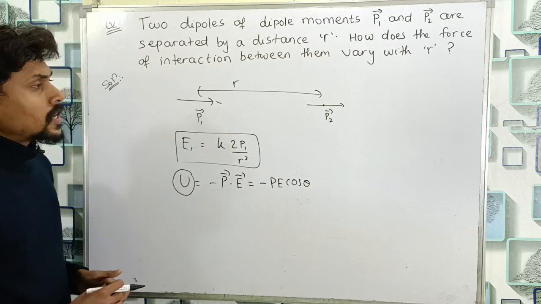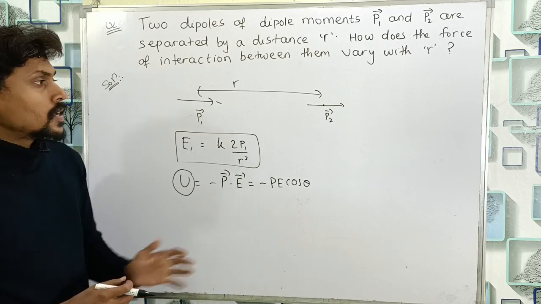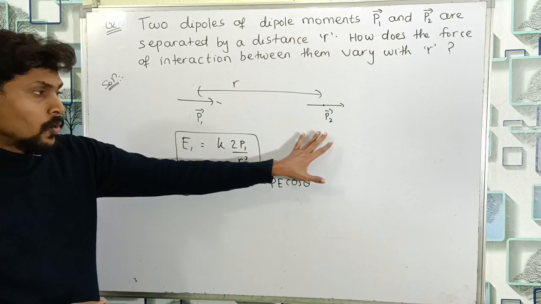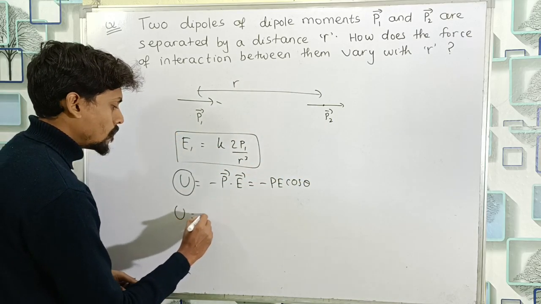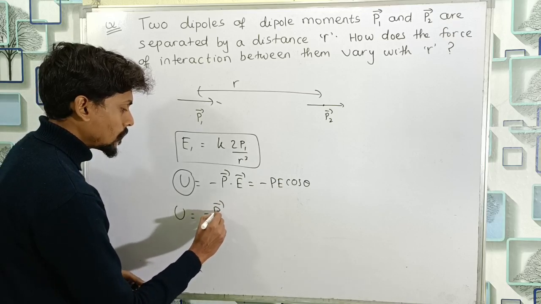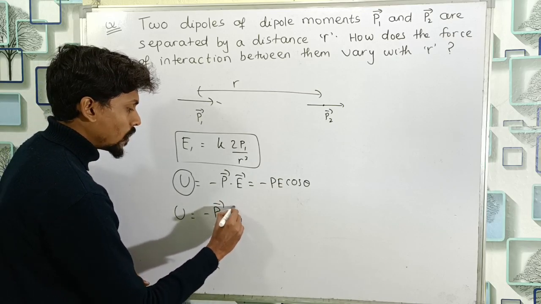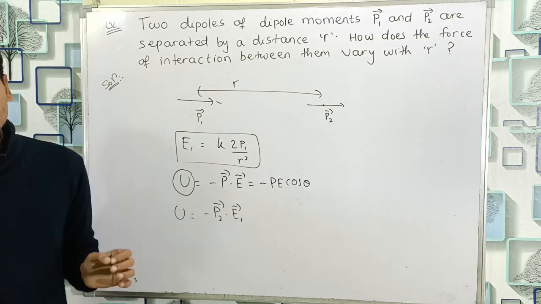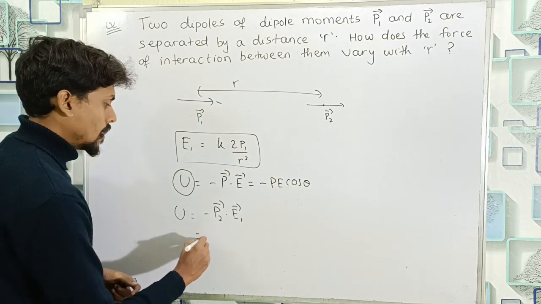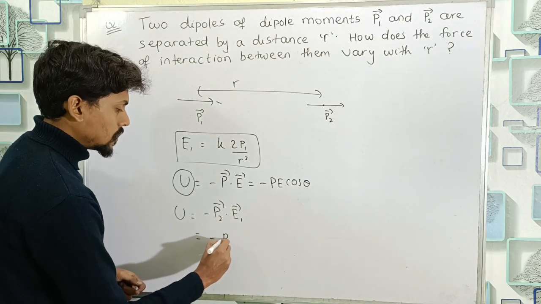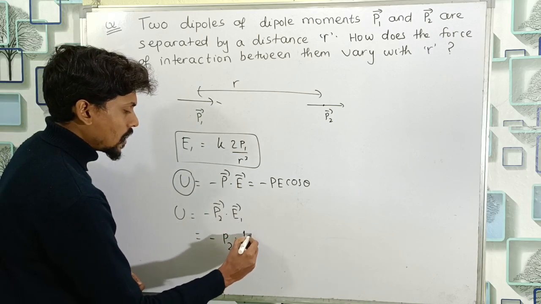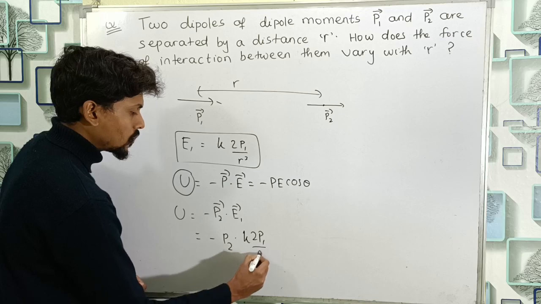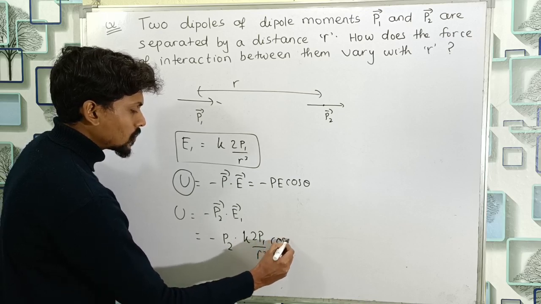So let us find the potential energy stored in the second dipole due to the electric field of the first dipole. The energy will be minus p2 vector dot E1 vector, that is equal to minus p2 into E1, where E1 is k 2p1 by r cube into cos theta.